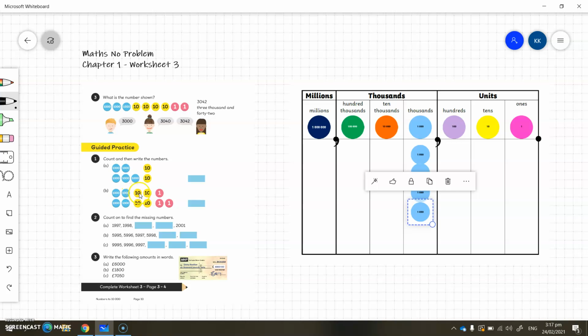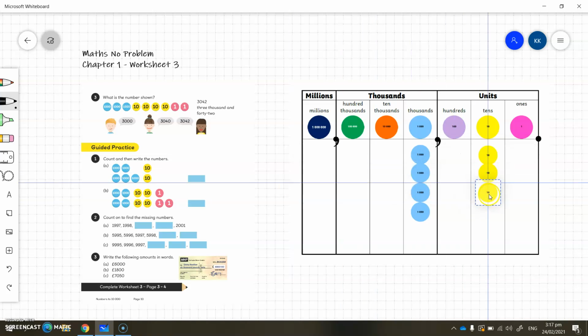I see I have 1, 2, 3, 4 tens discs. So I'm going to place 1, 2, 3, 4 tens discs.